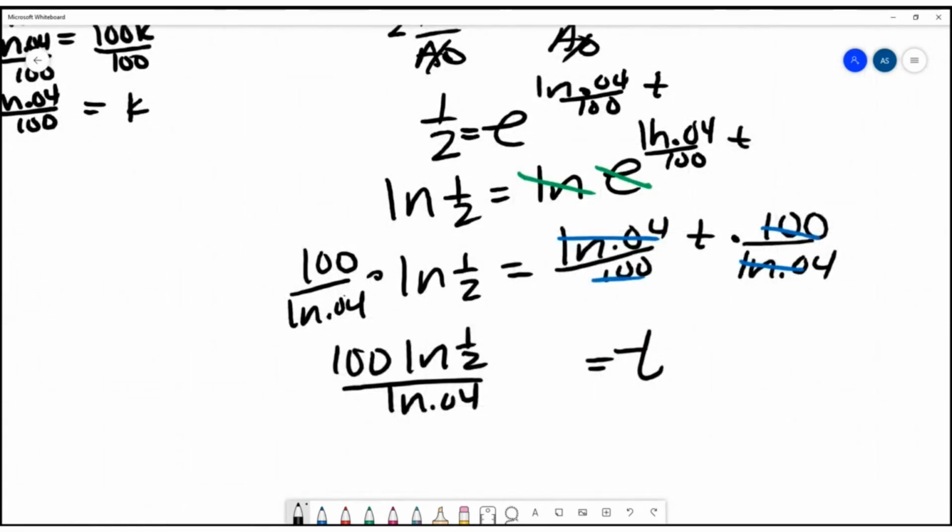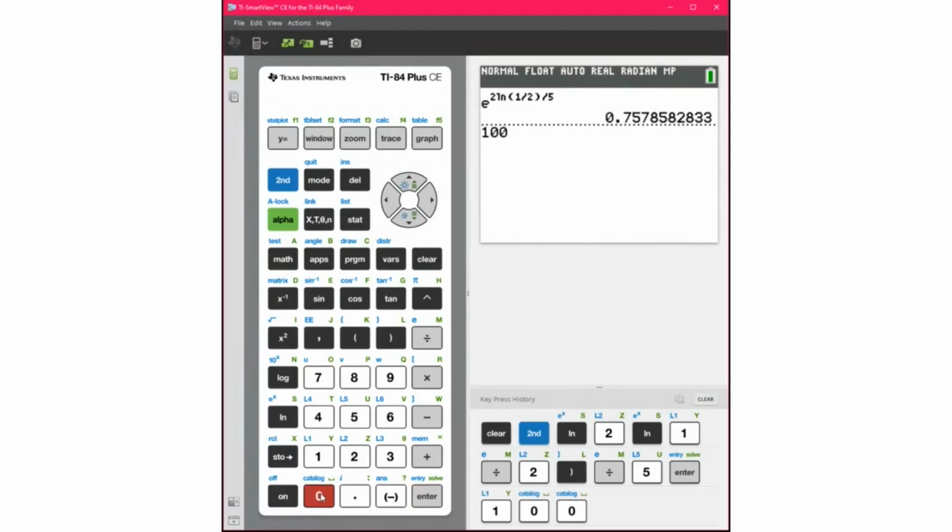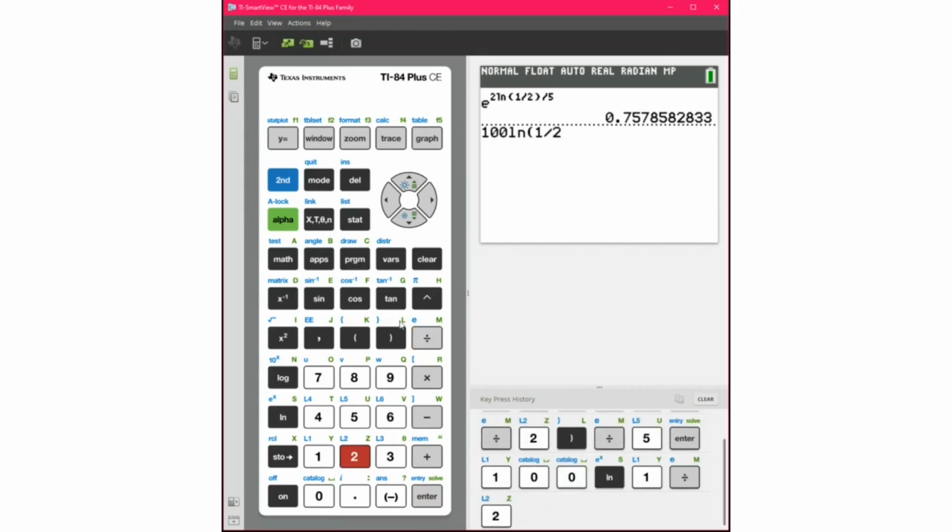We're going to type that in our calculator. So in the calculator, we're going to do 100 natural log of 1/2 over natural log 0.04.